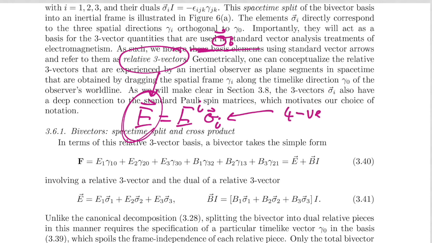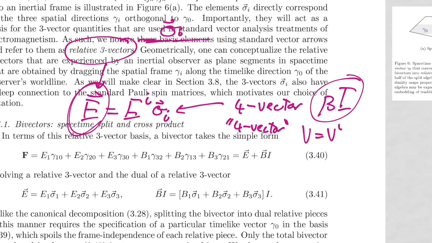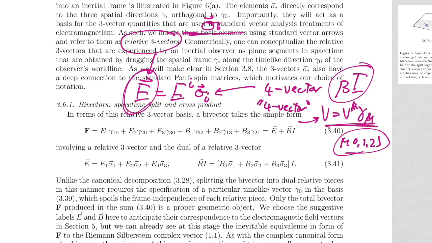And we have that problem with 4 vectors, because a 4 vector, in terms of being a multivector, is actually a grade 4 object. But a 4 vector, in the terms of special relativity, is just something that's written as V^mu gamma_mu, where mu goes 0, 1, 2, and 3. So that's a special relativity 4 vector. The name they're going to give to that, I believe, is a proper vector.